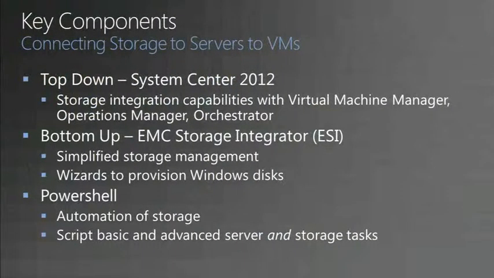So some of the key components that help make this happen. The way we're looking at it is from the top down, right? From the server, a lot of new tools from Microsoft that we've talked about this week. System Center 2012, such as Virtual Machine Manager, Operations Manager, and Orchestrator, are some of the technologies we're going to look at today and that we're integrating to help automate this. And from the bottom up, from the storage up, we have our own set of tool sets, things like EMC Storage Integrator, or ESI, which allows us to do simple provisioning for a Windows environment, whether physical or virtual.